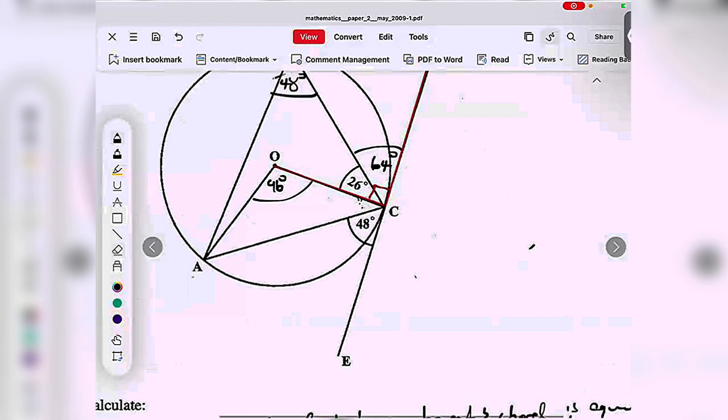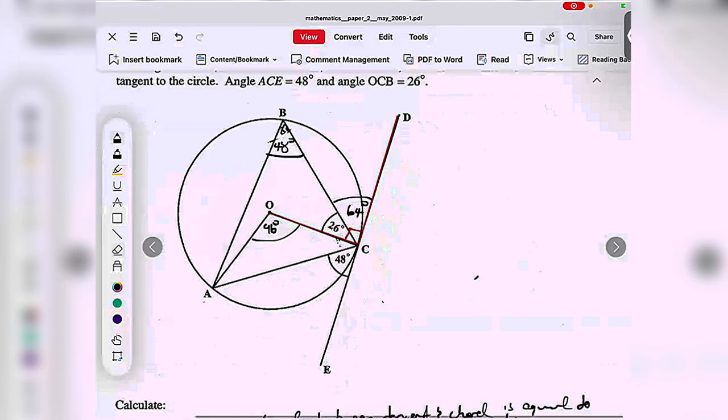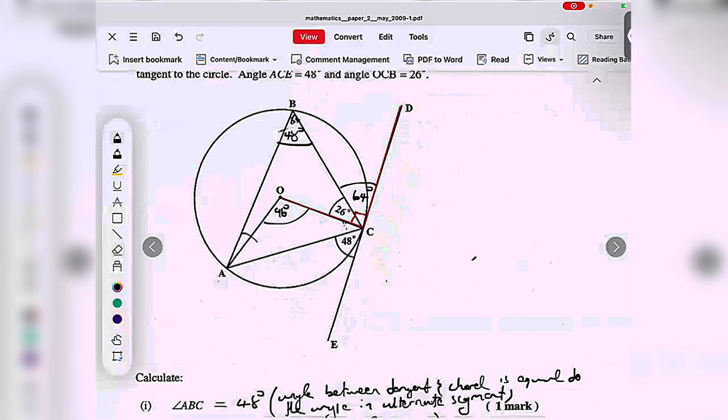All right. BAC, where's that angle? It would be at A. Where is it now? 64. You see it right.